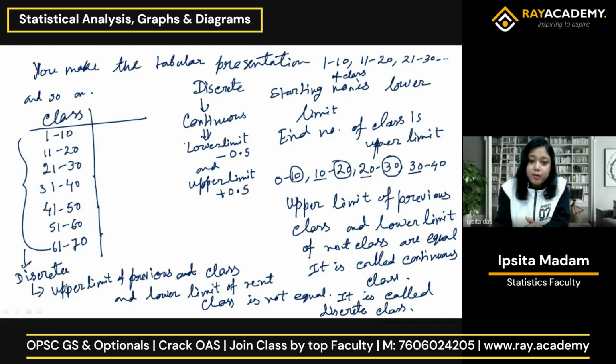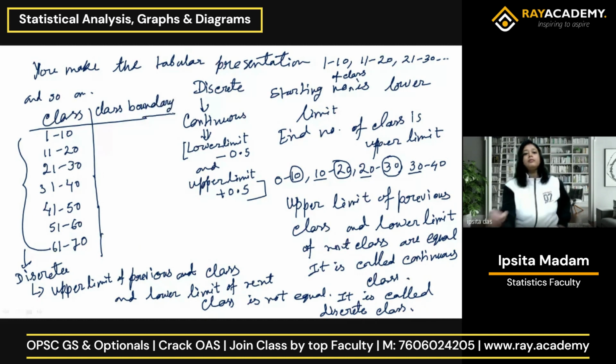This is the method for any type of data. Lower limit minus 0.5 and upper limit plus 0.5. And when a discrete class is converted to the continuous class, it is called class boundary.